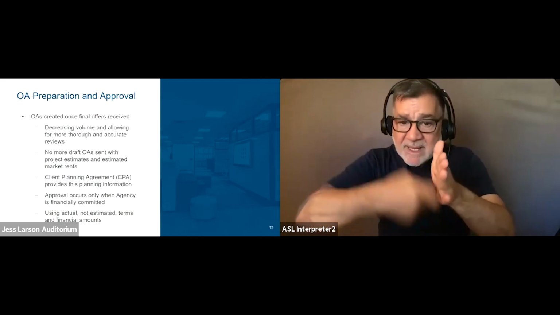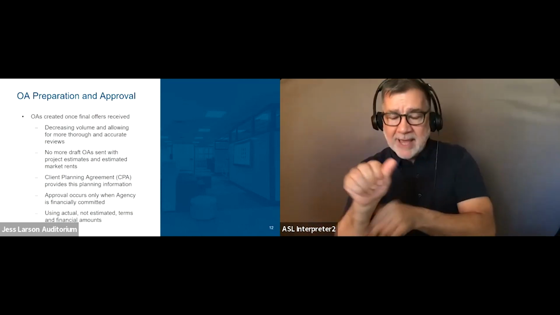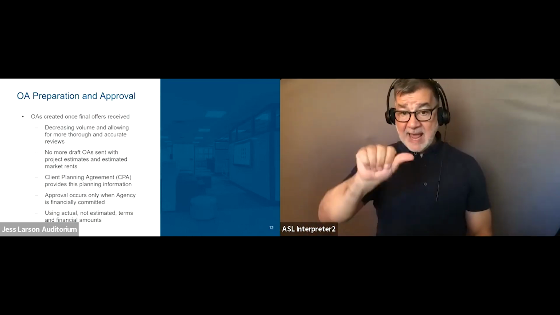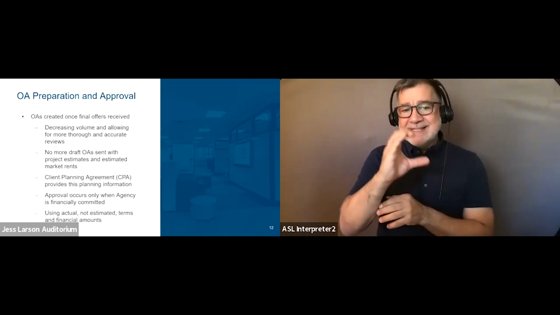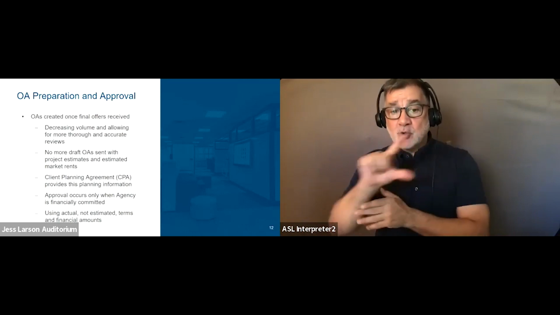The client planning agreement, the CPA, which probably you've heard about during this session, hopefully, and before that, is basically the planning tool where we initiate a project 24 to 36 months in advance of your occupancy starting, so that everybody understands the terms and conditions, the costs, and the timing for a project.